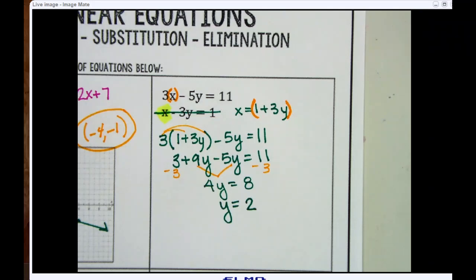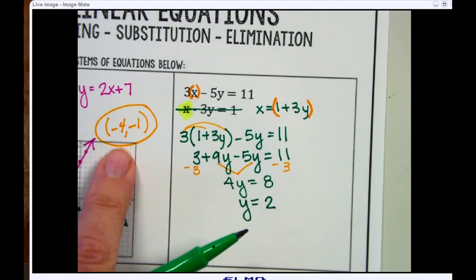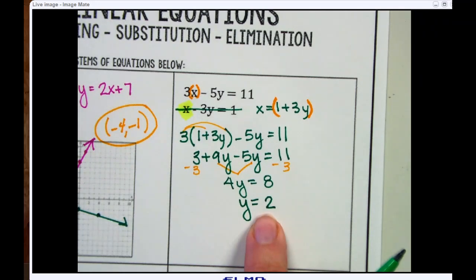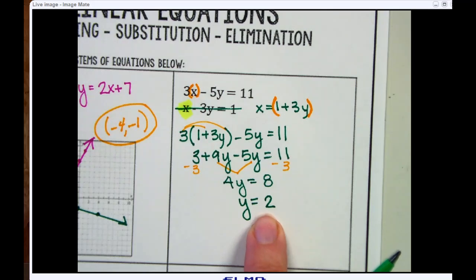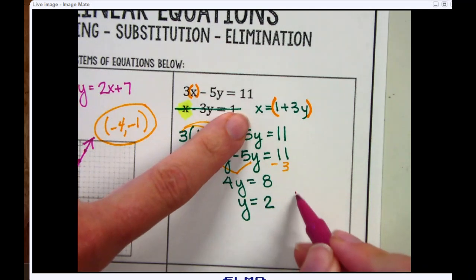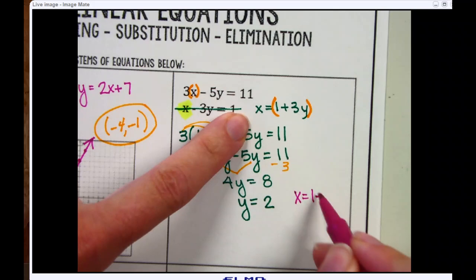Now if I look over here on this one, my answer was a point. It was an x and a y. I found the y, so what do I need to do? Substitute it back in up there to get the x value. So I've got x equals 1 plus 3 times y.